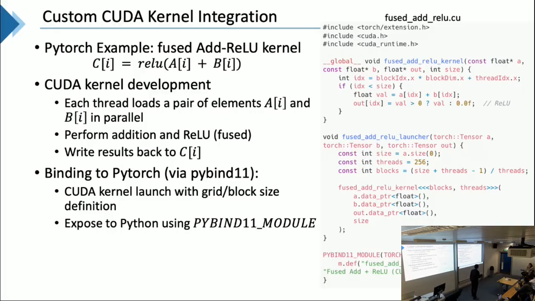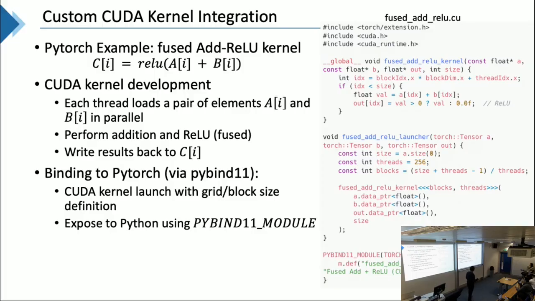This is the reason why we define the thread block and the grid specification, and we pass them into this fused ReLU custom kernel we defined before. We then use Python PyBind to bind this kernel into, for example, the Python front end we want to integrate with. So this is one way, the CUDA kernel.